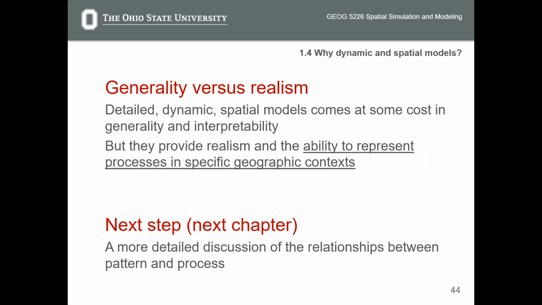Okay, so generality versus realism. Detailed dynamic spatial models come at some cost in generality and interpretability, but they provide realism and the ability to represent processes in specific geographic contexts. Okay, a model is a model. A model is neutral, as long as the pattern fits.